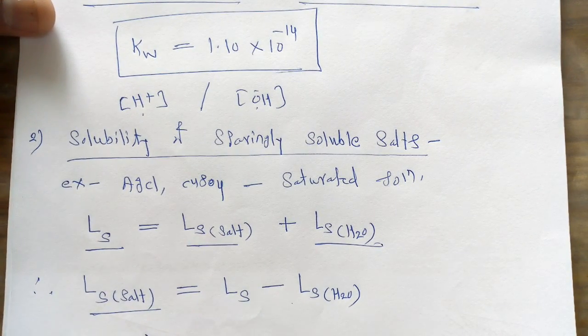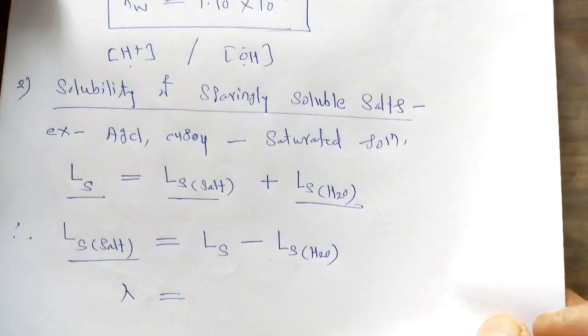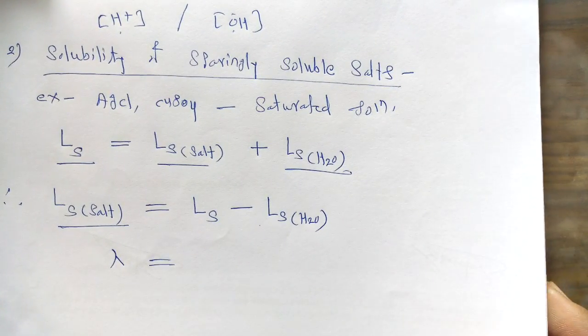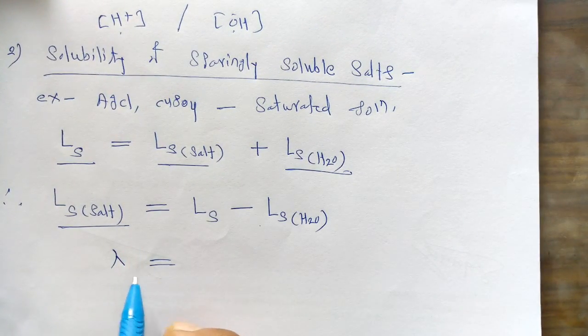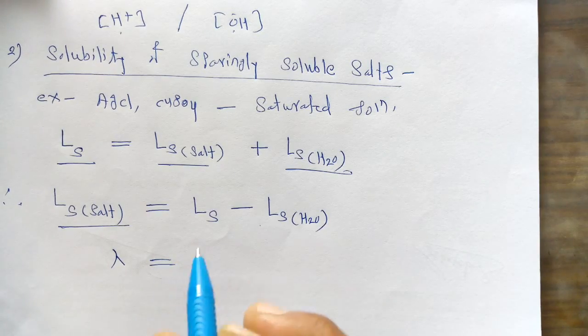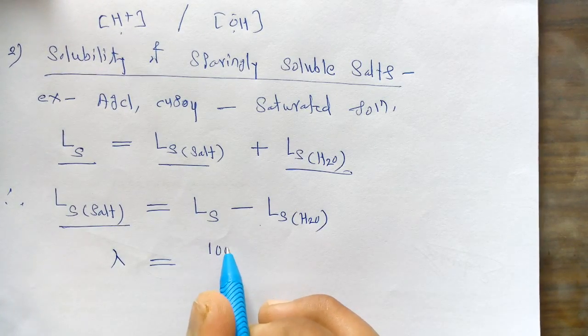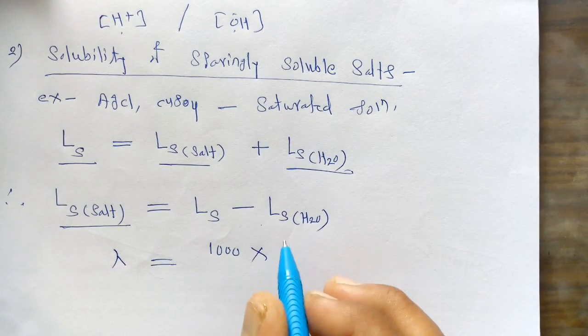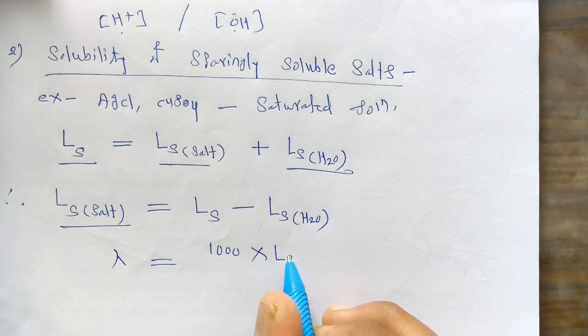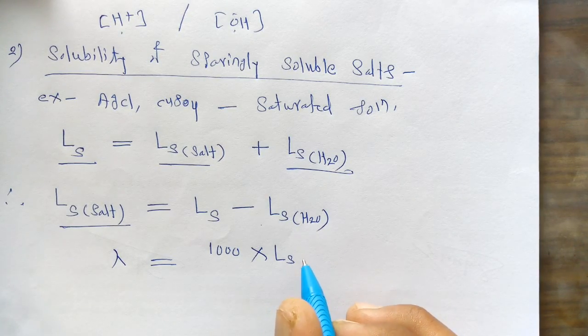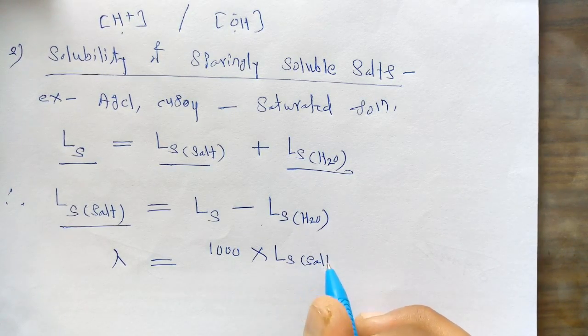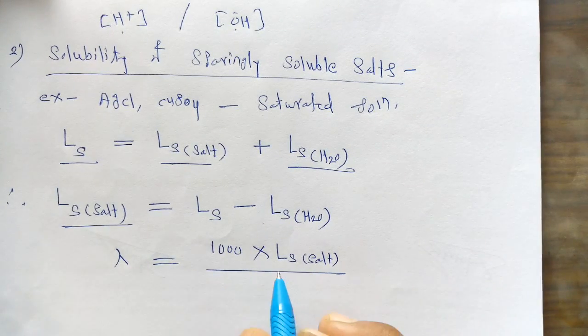Once we get the value for the specific conductance of a salt, lambda is equal to 1000 multiplied by specific conductance of this particular salt divided by its concentration, that is C.